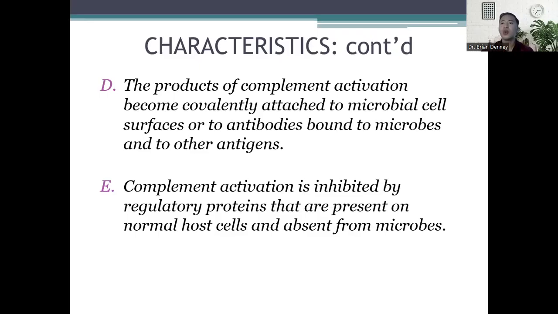Why is there inhibition? Why should there be regulation of the activity of your complement proteins? It's because we don't want your own cells to be lysed by the complement system. Otherwise, you will die, no? Your cells will lyse by your own doing, by the doing of your own immune system. We don't want that to happen.